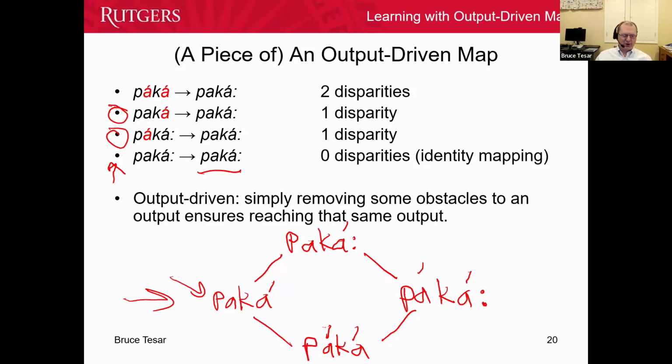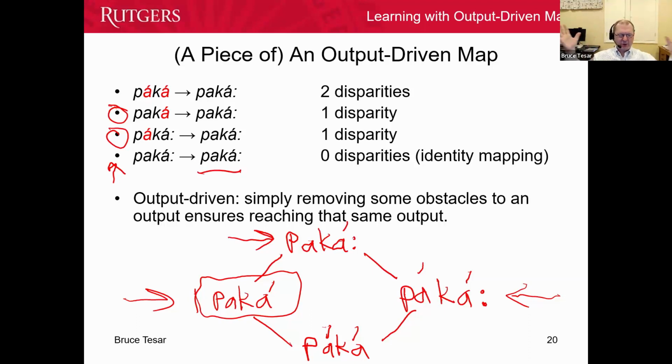Anything below it, we don't know. So if we have empirical evidence that this candidate maps to the output, we know that this input up above it also maps to the same output. We don't know that for this candidate over here because it's not above the one on the left in the similarity order.